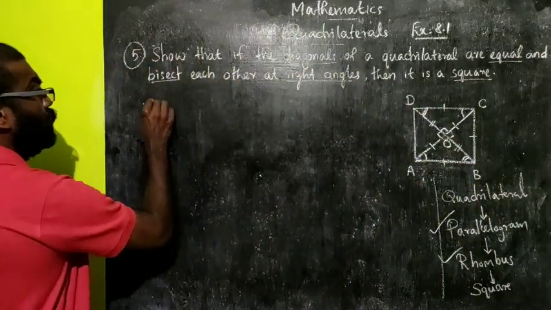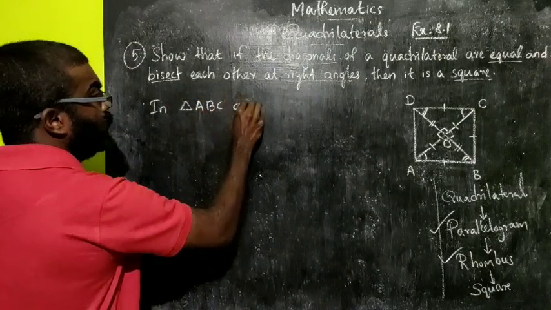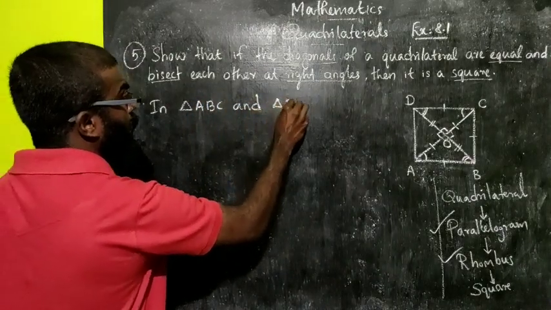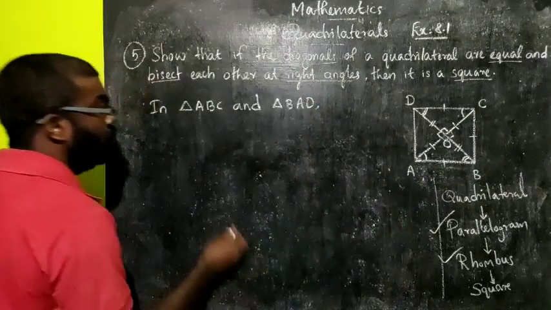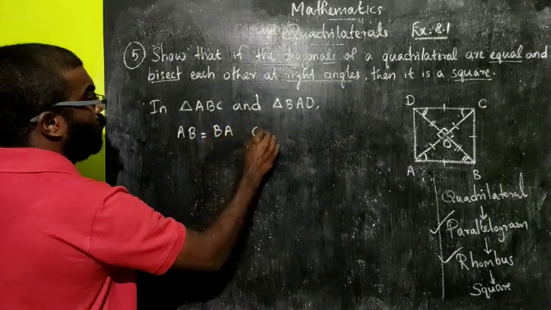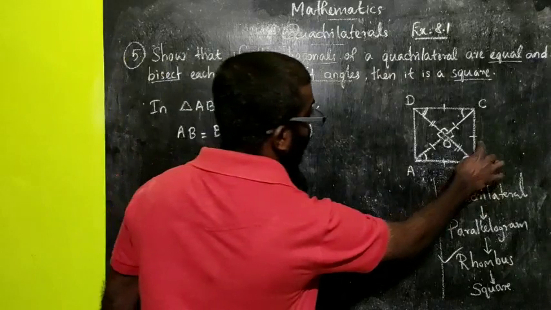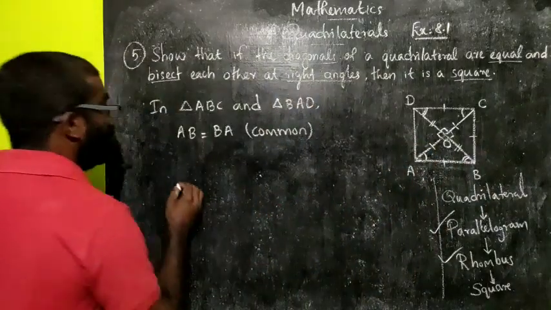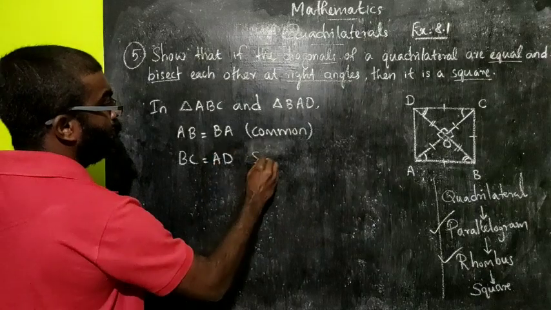So in triangle ABC and triangle BAD, AB is the common side. So we can write AB equal to BA common. Now BC equal to AD. Sides of rhombus.